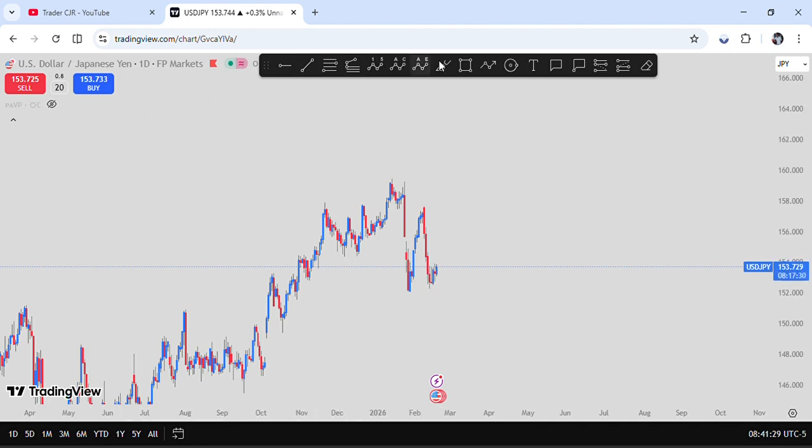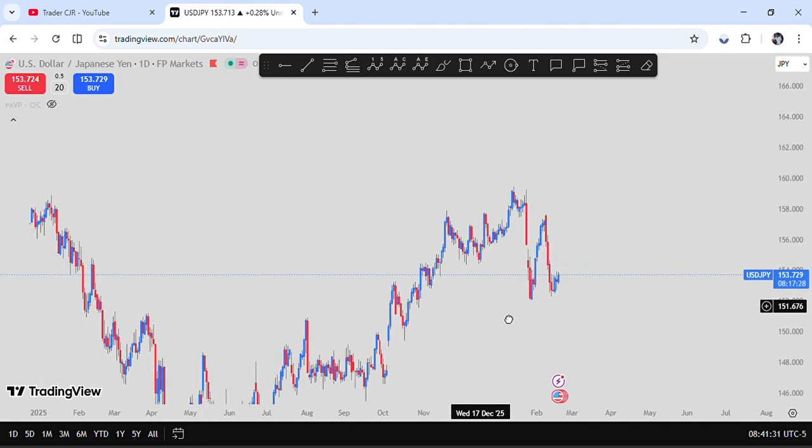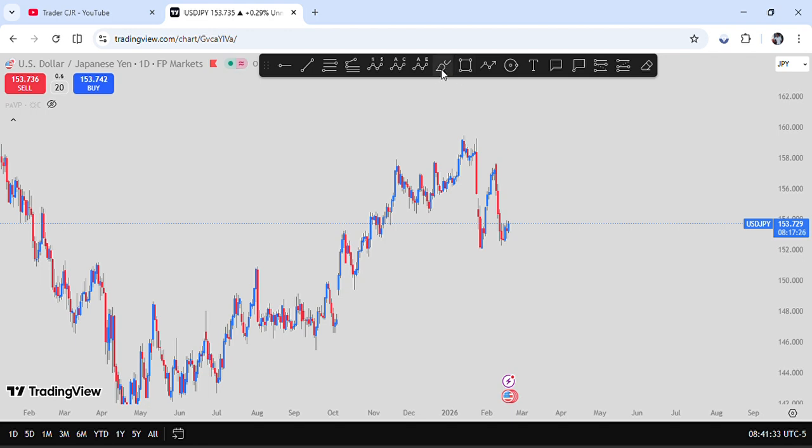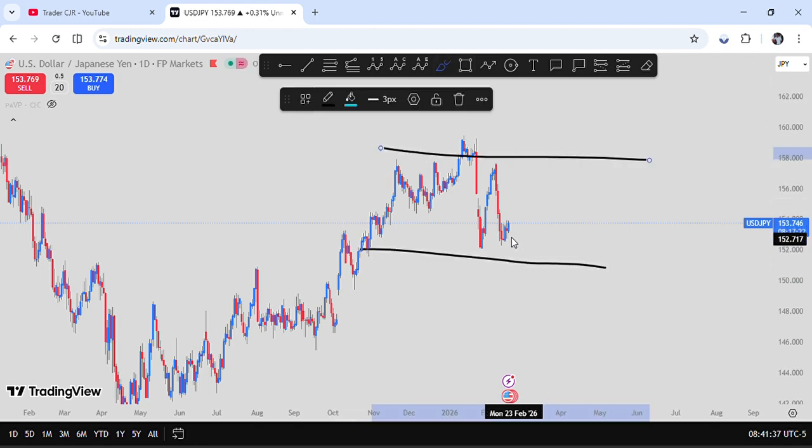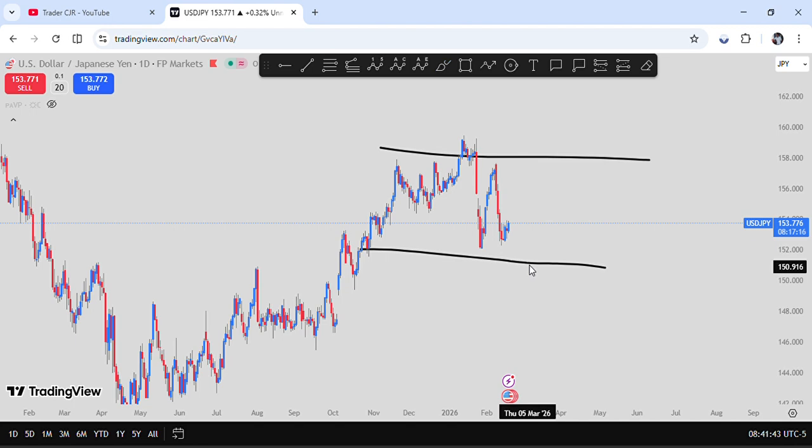Okay, this is a sideways market. All right, what's going on here? This is a sideways market, and I expect price to continue moving up within this range.